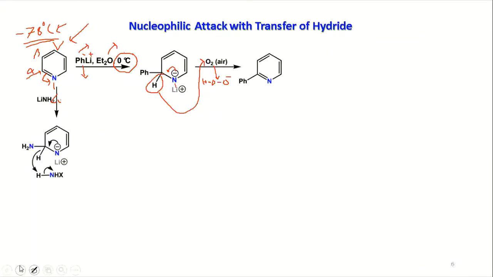Now, a similar situation we'll see if you have used the amide, so lithium amide, LiNH2. So with lithium amide, the amide is going to attack here at the center, and you have the similar reaction. Generally we use this reaction in presence of liquid ammonia, NH3.